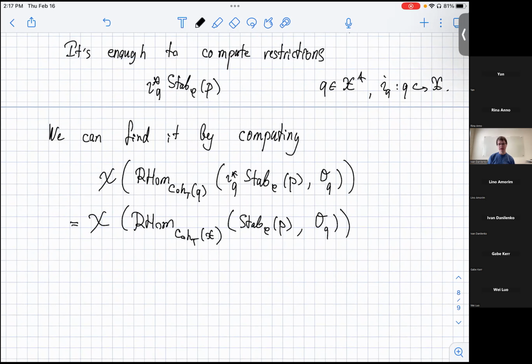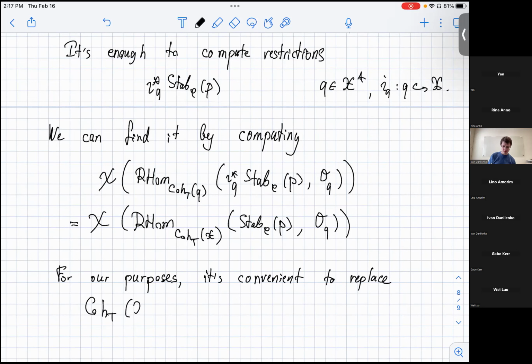But before I do this, I need one more auxiliary space. For our purposes, it's convenient to replace coherent sheaves on the whole space X by a derived category of a smaller space.